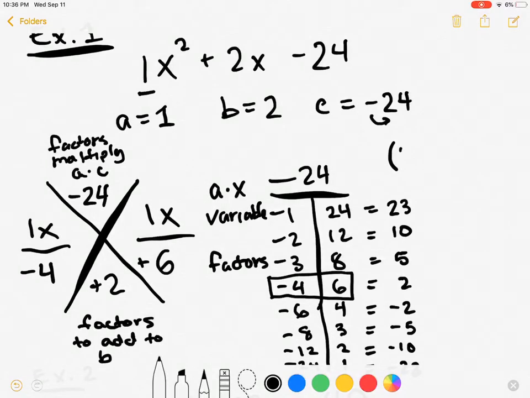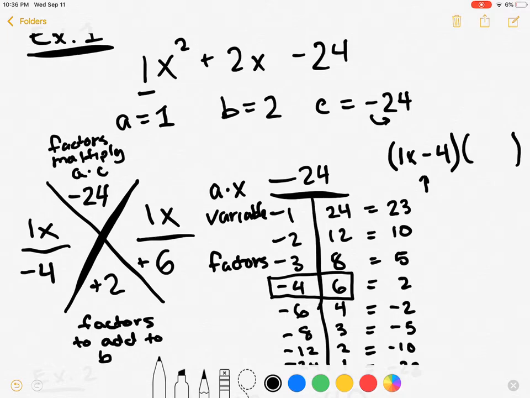In parentheses, on the left side, we've got 1x and then minus 4. Notice I used the sign on our factor, negative 4, as the operator between the two terms of the binomial.